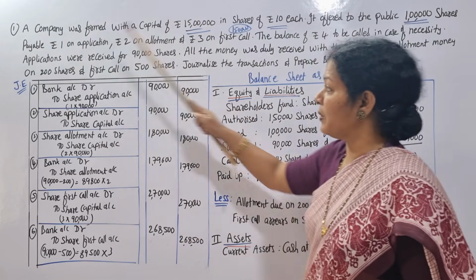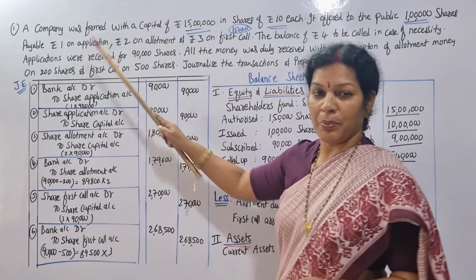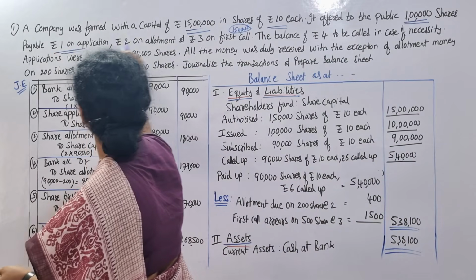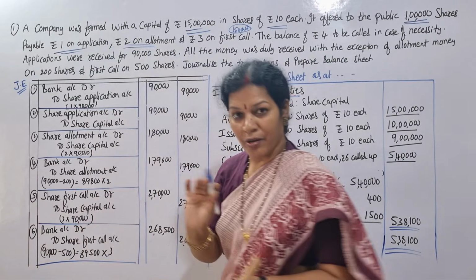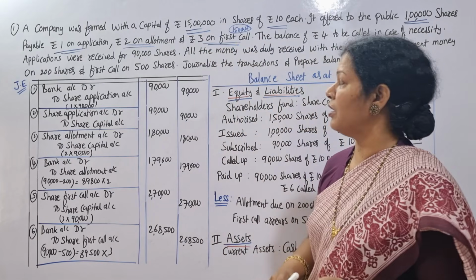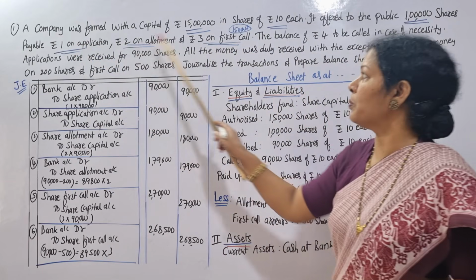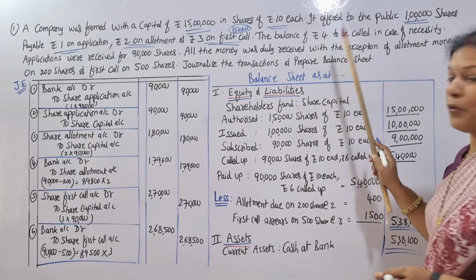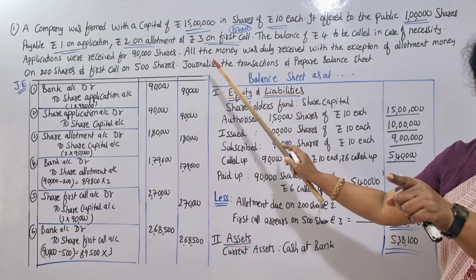This 1 lakh is payable 1 rupee on application, 2 rupees on allotment, and 3 rupees on first call. How much is over? 1 plus 2 plus 3, 6 rupees. Now the balance is 4 rupees.